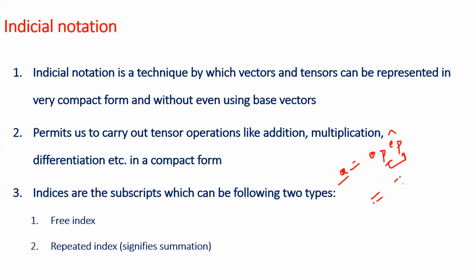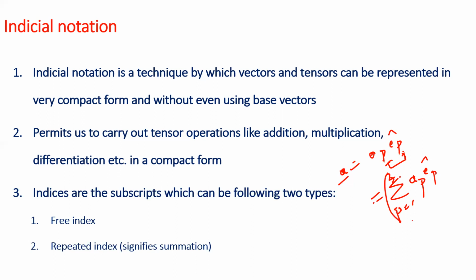There is no need for us to specially write sigma A_p e_p hat, or to write p running from 1 to 3. If there is a repeating index, it implies summation. A repeating index implies summation.